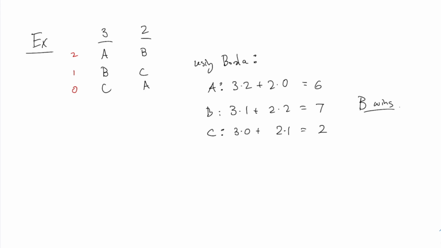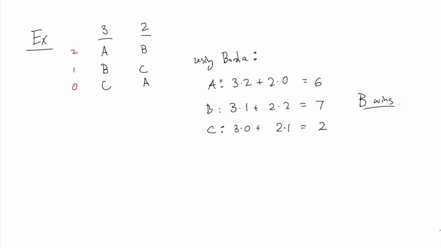Notice B is the winner, all right? Maybe I'll put a little box around B because B was the winner. I'm going to make a change which involves only shuffling the losers around. Let's change those BCA votes to BAC, all right?